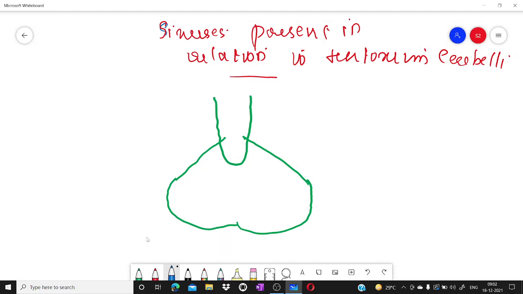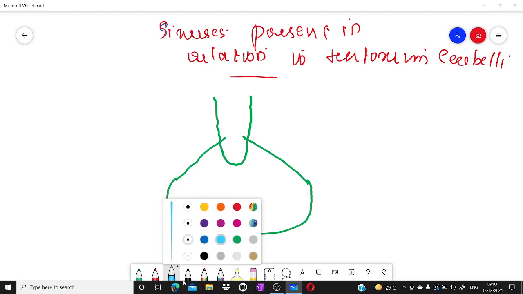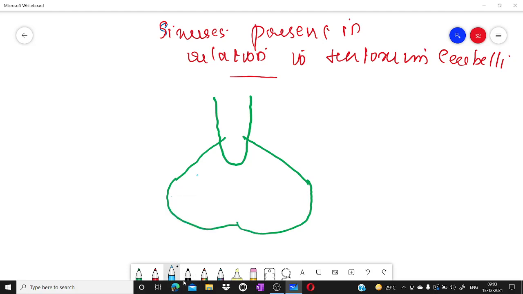Most of the sinuses are related to the attached part of the tentorium cerebelli. Along its line of attachment to the petrous temporal bone, we have one sinus here. This is along the line of attachment to the superior part of the petrous temporal bone. So this sinus is the superior petrosal sinus.